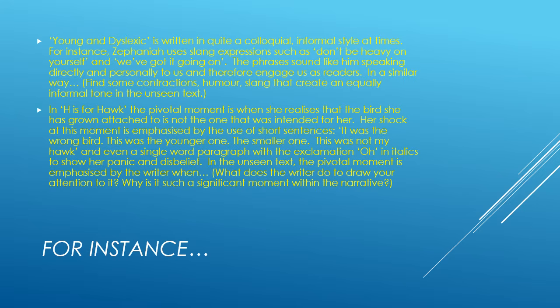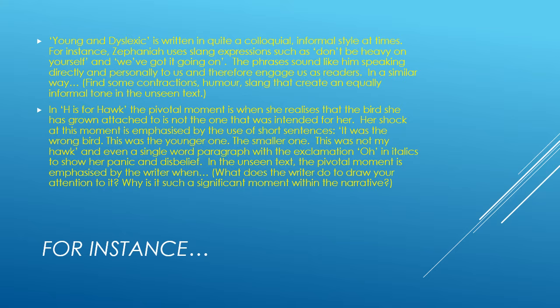In the unseen text, so you need to draw your comparison now. Okay, so you've picked out the pivotal moment in H is for Hawk. In the unseen text, the pivotal moment is emphasized by the writer when, and then you're off talking about the pivotal moment in the unseen one. Okay, and there what you need to talk about is, well, what does the writer do to draw your attention to that pivotal moment in the unseen one?